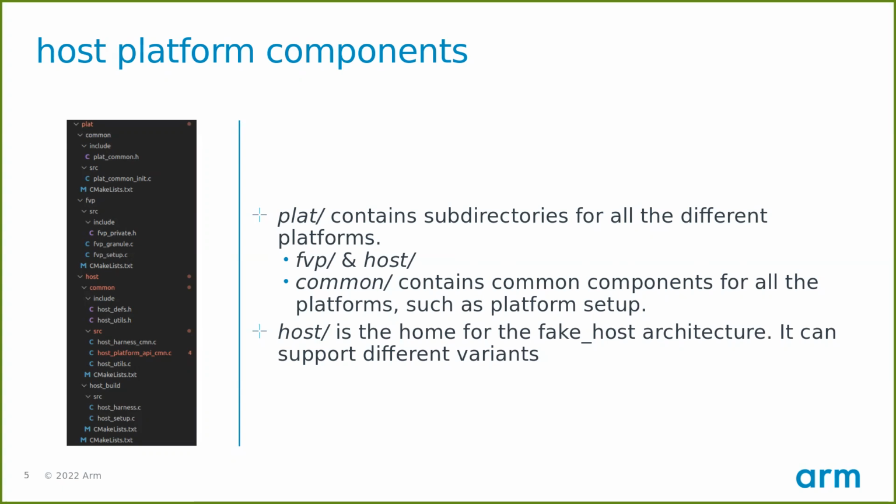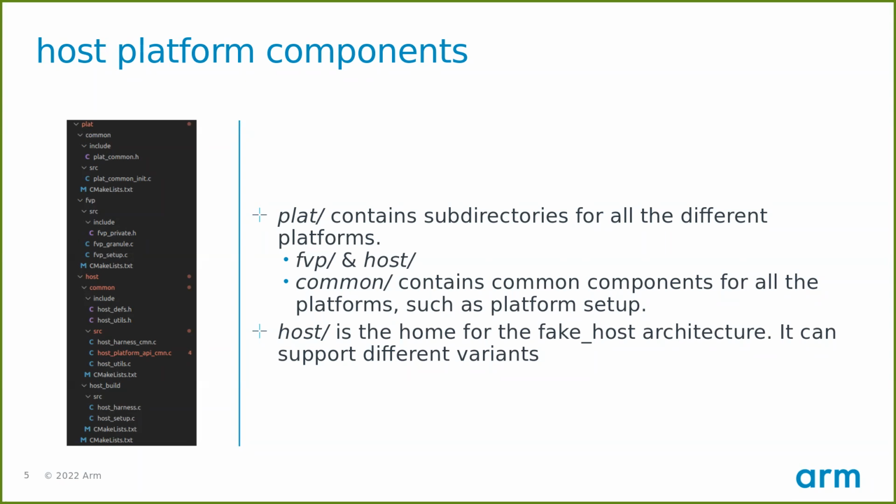So later, when we introduce the unit test framework, what we are going to do is create another variant for the fake host architecture that will be inside the host directory as well. This variant will be called host test, and it will have a completely different set of test harnesses and callbacks, etc. And this will be the subvariant that will be linked once we build the unit test framework.